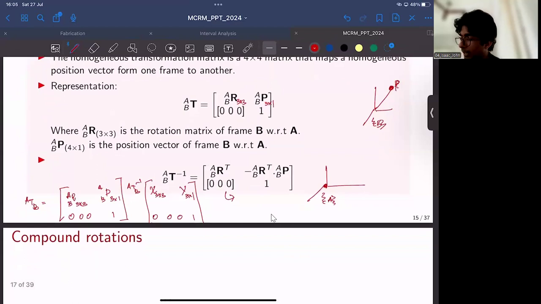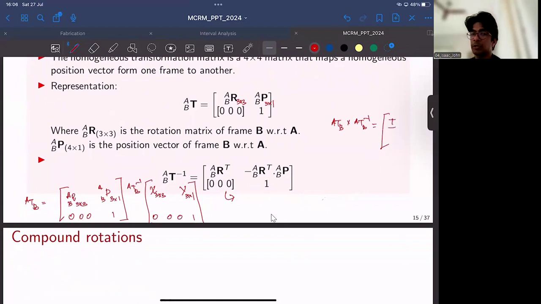But you also know that a matrix multiplied by its own inverse would be an identity matrix of similar form.